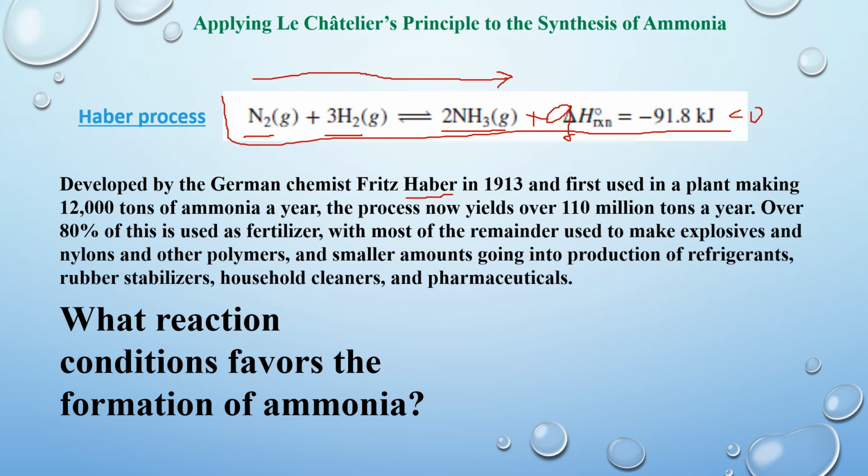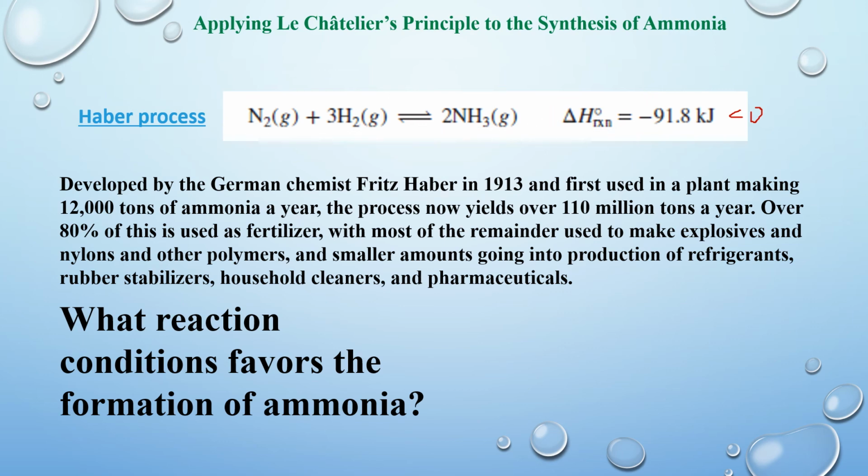If we lower the concentration of ammonia, the reaction will be shifted to the right. So that's based on the change of concentration. Removing the ammonia will enhance its formation, because that will shift the chemical reaction to the right.